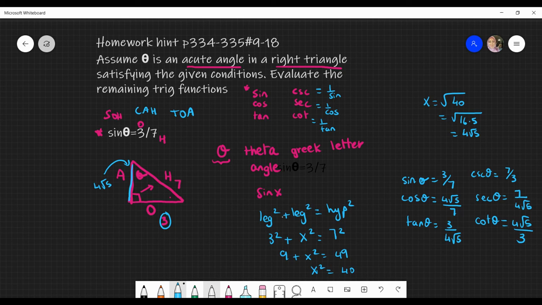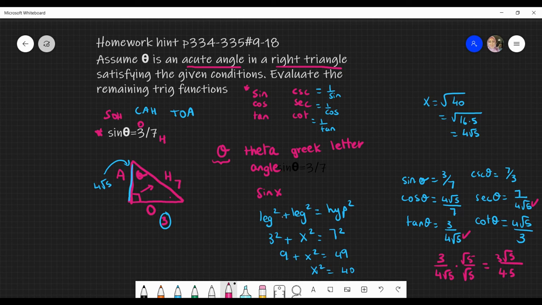Now one thing to be careful about, in our book, they didn't worry a lot about rationalizing the denominator, which means they were okay with having a radical in the denominator. Usually by convention we must rationalize the denominator, so we multiply by that same square root to get rid of the square root in the denominator.